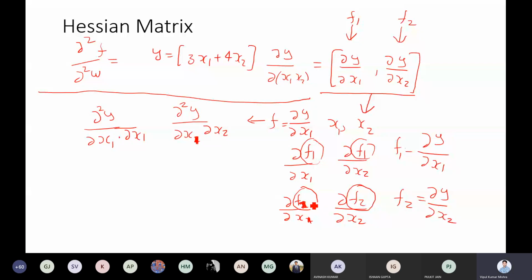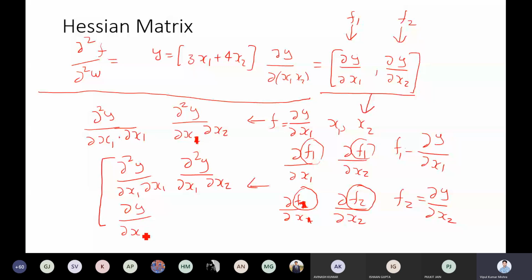If you replace f1 and f2 in this place, what you will get is this term: the second derivative of y, first with respect to x1 and then again with respect to x1; then the derivative of y with respect to x1 and second time with respect to x2; here del y with respect to x2 and then again with respect to x1; and del y with respect to x2 and with respect to x2 again.